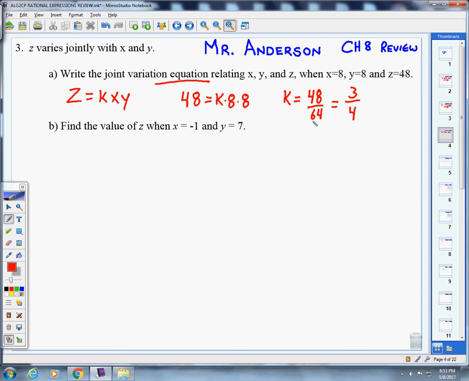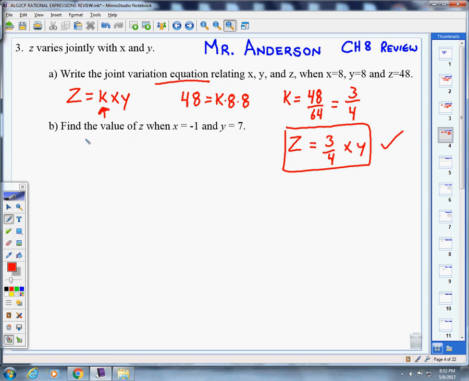So there's the constant. Plug that back into our general equation, and we have our joint variation equation for this specific situation. Z equals 3/4 xy. You could say z equals 3xy over 4. That would be good. Maybe even more useful.